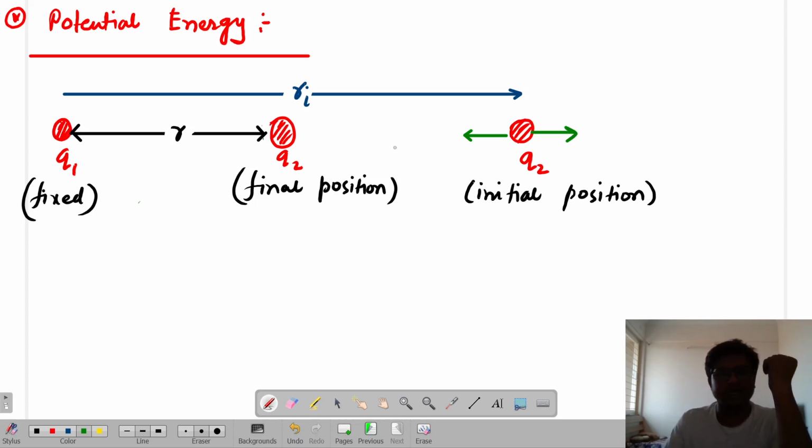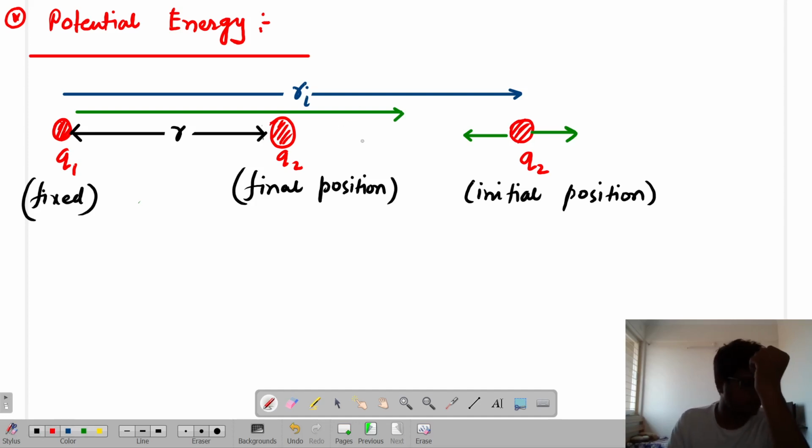So therefore I write the Coulomb force for some random distance x, when charge Q2 was at some random distance x. For that I'm writing my Coulomb force. Are you able to get me?